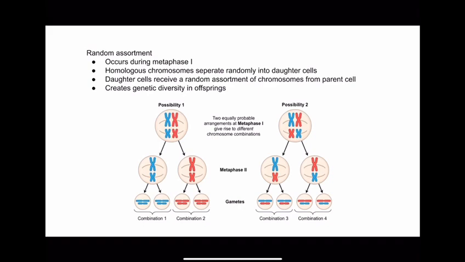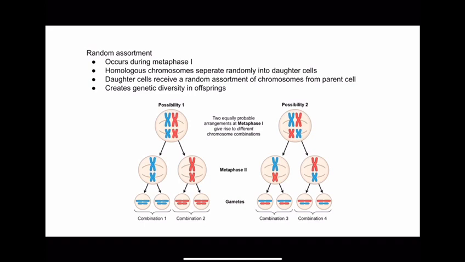in the resulting offspring. And the random assortment of chromosomes during meiosis is a key mechanism for creating genetic diversity in sexually reproducing organisms. And this diversity is important for the survival and adaptation of species, as it provides a wider range of traits and variations upon which natural selection can act.